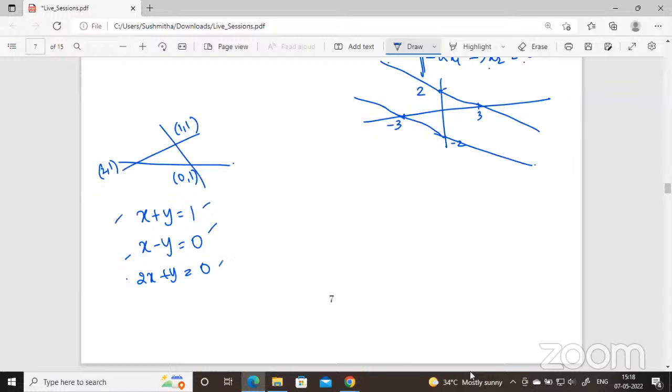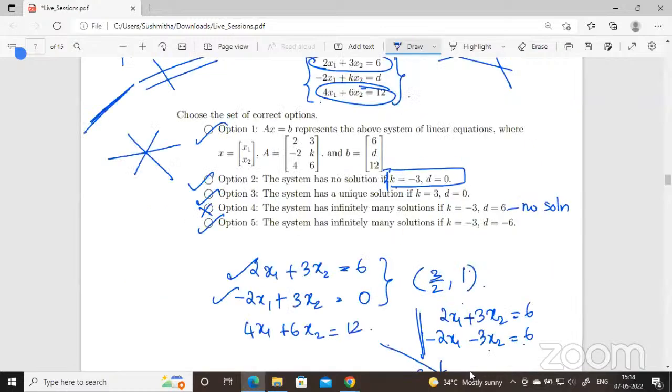So, ma'am, from here, I think we just need to check for every option whether it will have a unique solution or not. Yeah, that is how you should do, because K is not given, no? So based on each option, you should work out separately. Okay.